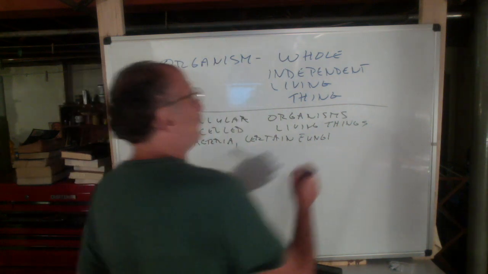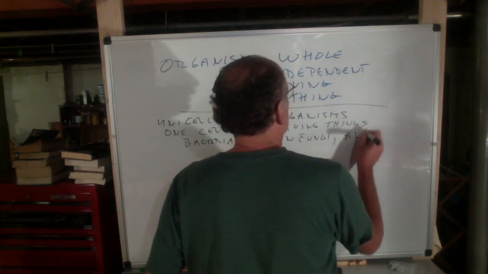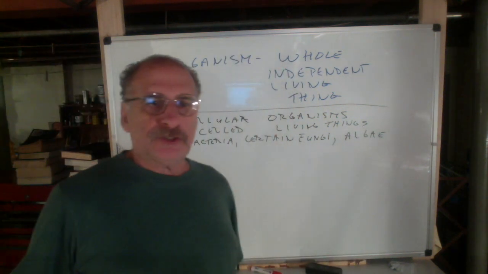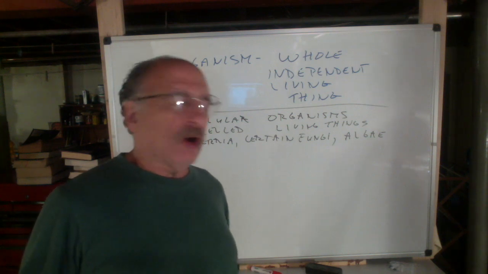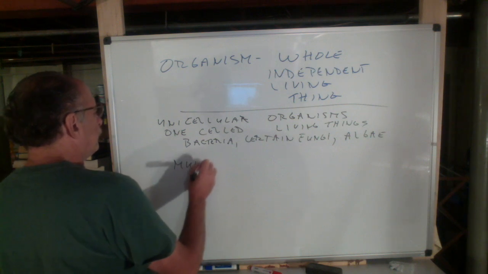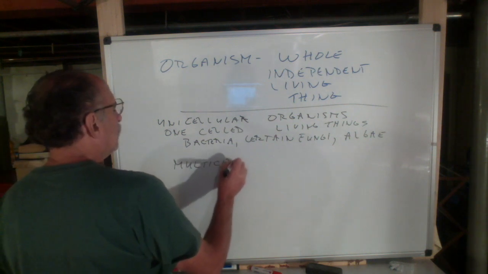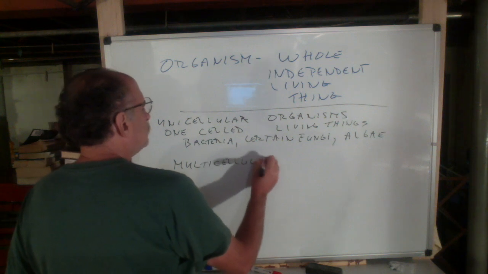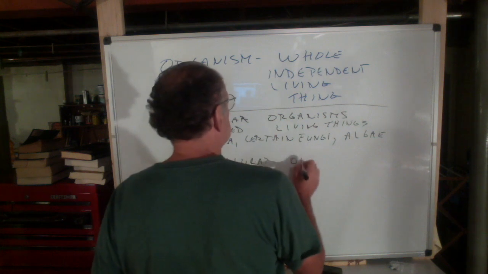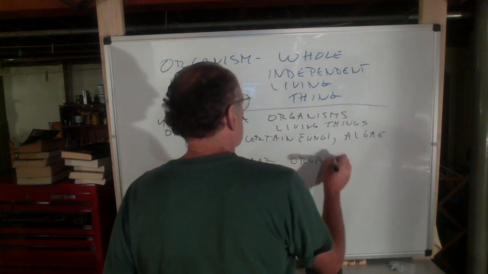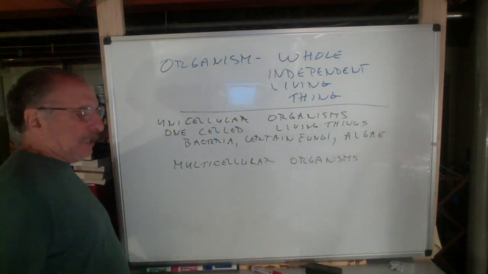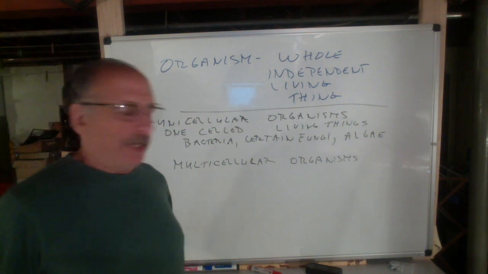Certain algae, and the list goes on and on and on. There's far more kinds of unicellular organisms than there are of the other type, which would be multicellular organisms. Meaning many-celled living things. Multi is many.